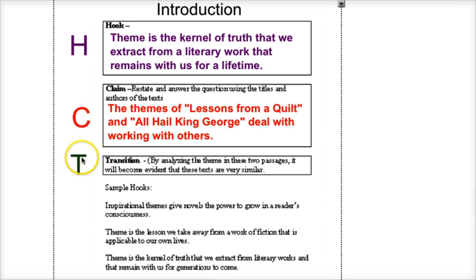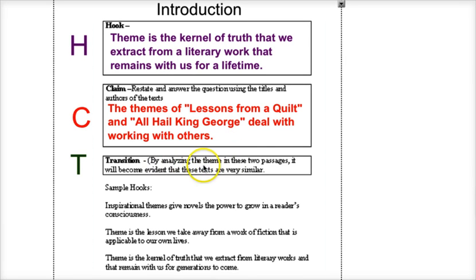And then we use a transition sentence, a sentence that's now going to lead us into our first body paragraph. So that one is, by analyzing the theme in these two passages, it will become evident that these texts are very similar. So it doesn't really matter what your question asks. You can always use this same sentence. For example, if your prompt asked you about character, you just insert the word characters here.